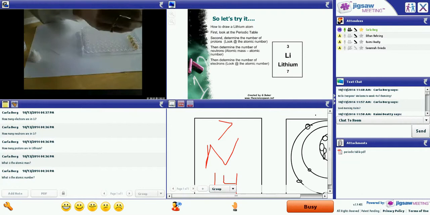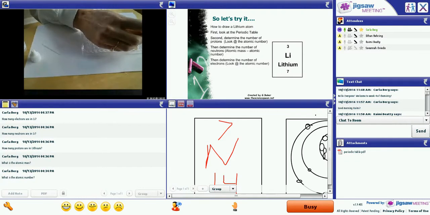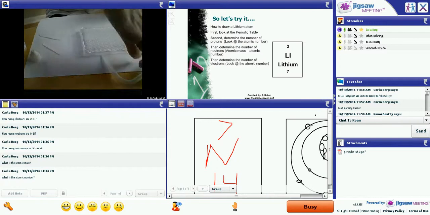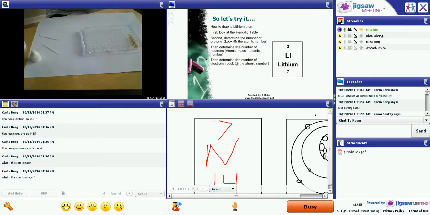If you do have distilled water, just go ahead and rinse it. Once you have all of your well plates mixed, go ahead and look at the clock. And we are going to wait 5 minutes.